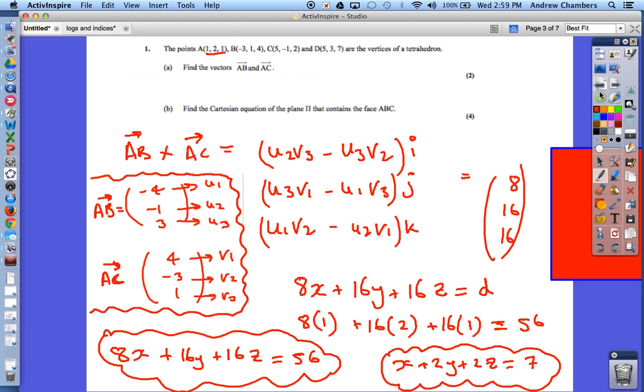Remember from that previous part of the question, we'd worked out what the normal to the plane is. The normal to the plane is the cross product, which is 8, 16, 16, or I can simplify it down to 1, 2, 2.